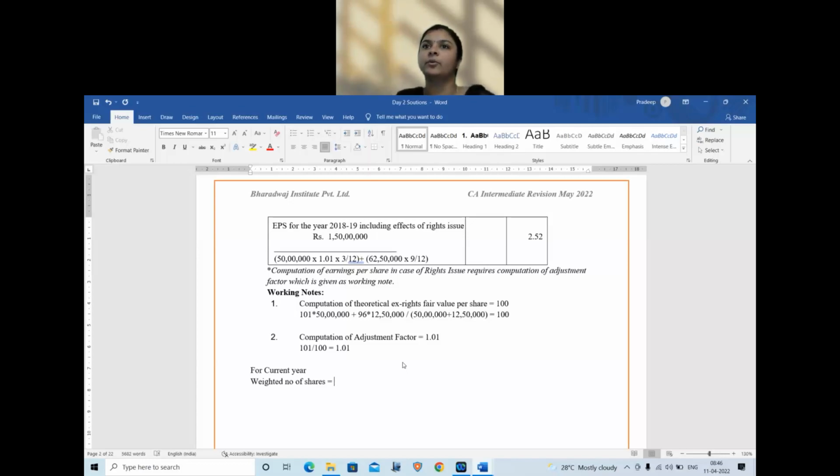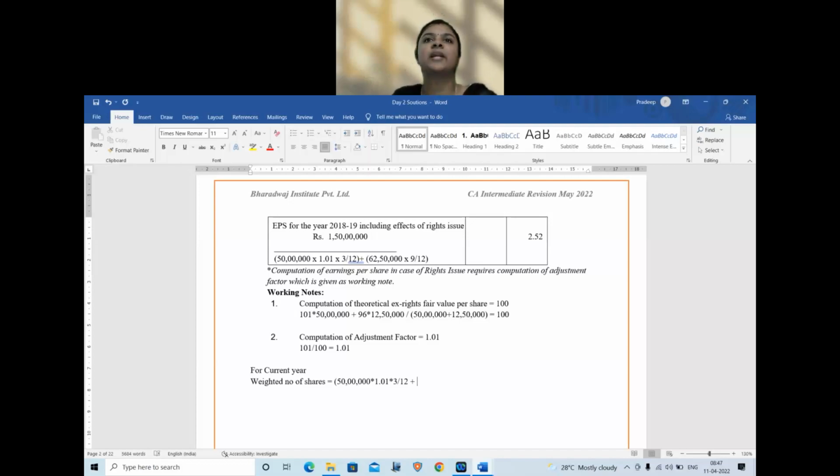So now we are going to consider for the first 3 months, 50 lakh shares into 1.01, which means we are assuming that it is not 50 lakh shares. It is 50 lakh shares into 101 percent, including the rights factor. For 3 months, 3 by 12. Plus, after these 3 months are completed, from the month of July, we have 12,50,000 shares which have actually come into existence.